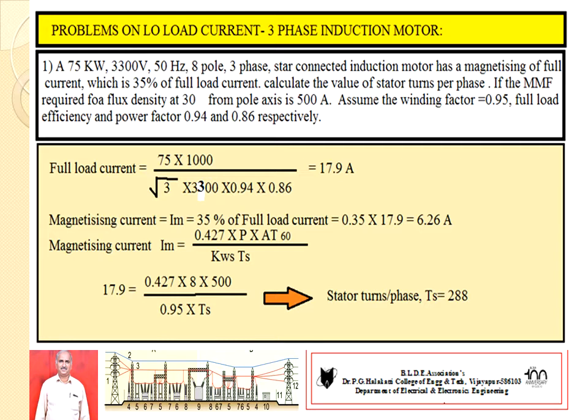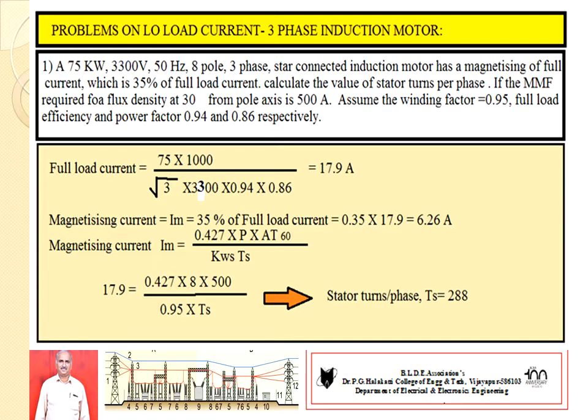So we have to go for calculation of full load current by given data. Full load current equals kilowatt divided by root 3 times 3300, line voltage, into power factor into efficiency.